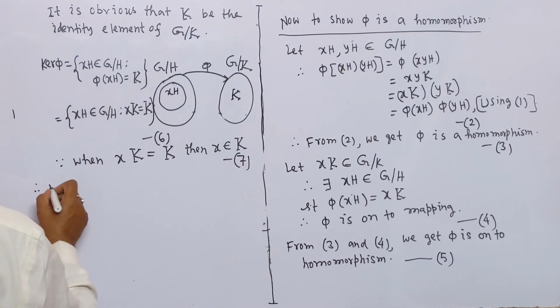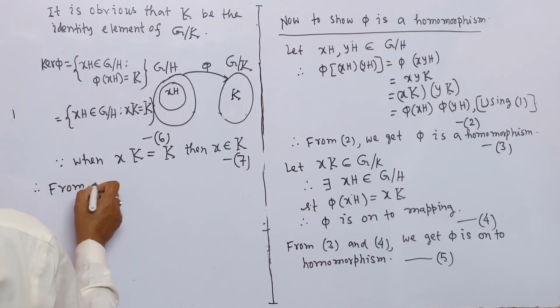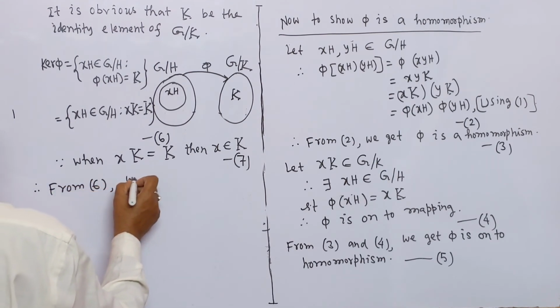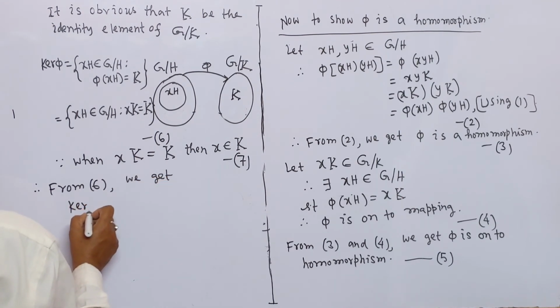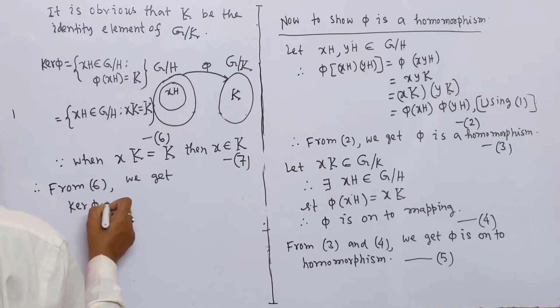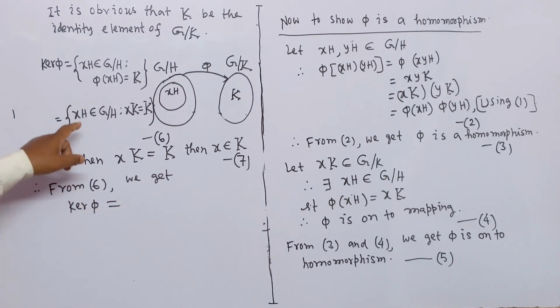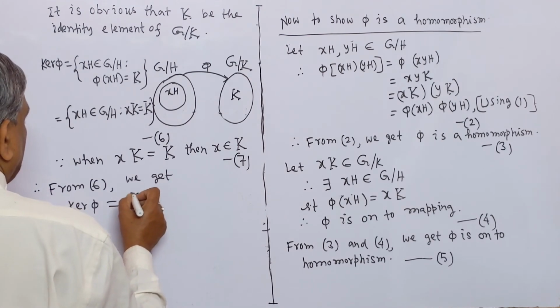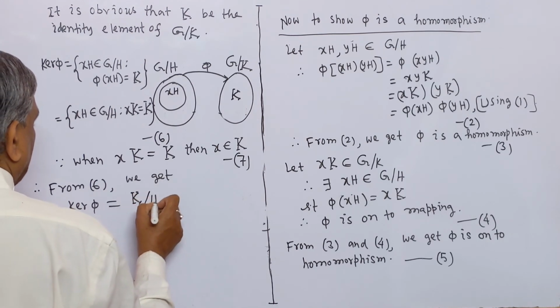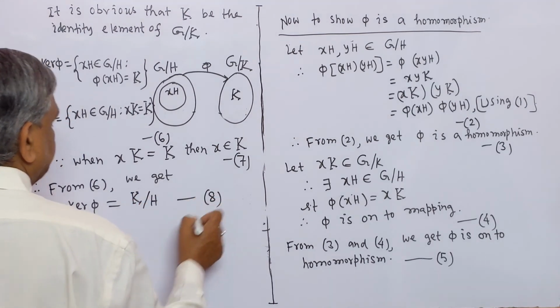Therefore, from 6 we get kernel of phi equal to xH, x belongs to K, that means xH belongs to K by H. Ker phi equal to K by H. This is number 8.